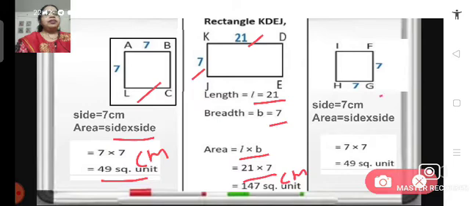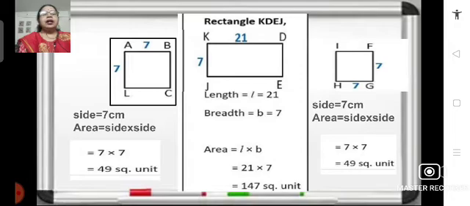Then the third figure that we have split the figure into is a square again. All the sides are equal to 7 centimeter. So what will be its area? It will be side multiplied by side, that means 7 multiplied by 7, that is 49 square centimeter. Now we will add the areas of all these three figures and find the total area.